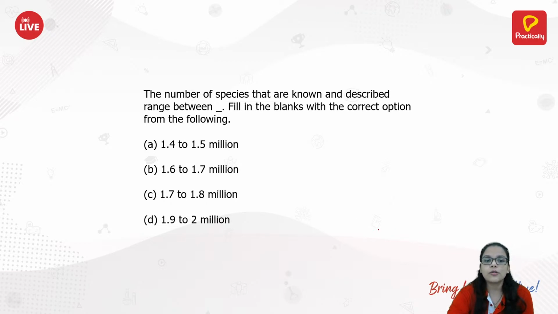The first question is: the number of species that are known and described are between, fill in the blanks. Option A is 1.4 to 1.5 million, B is 1.6 to 1.7, C is 1.7 to 1.8, D is 1.9 to 2. Can anybody answer? Okay, I'll answer it.